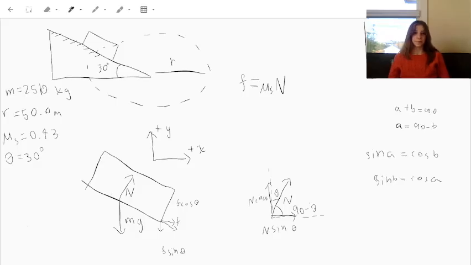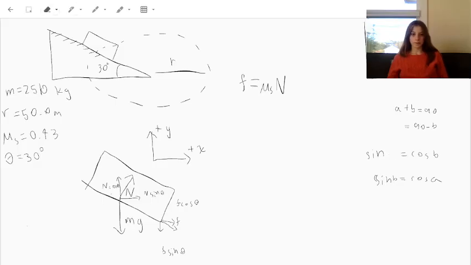So it's the opposite of what it typically is because our angle is 90 minus theta. So I'm going to draw those in over there once I erase this. This is n cosine theta. This one is n sine theta.